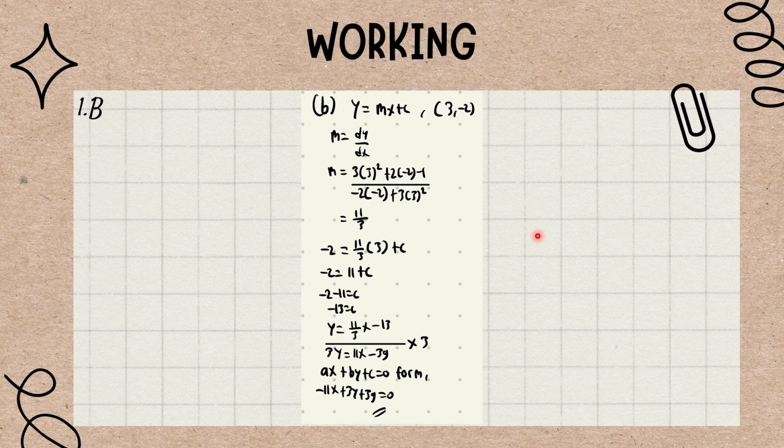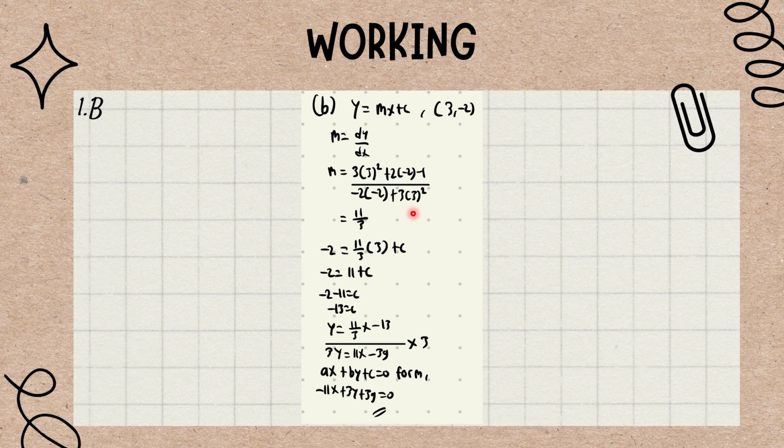So for part 1b, we have to find the tangent equation in the form of ax plus by plus c equals 0. But the basic form is y equals mx plus c, where m is the gradient, and m is equal to dy over dx. So we take the point with x coordinate 3 and y coordinate negative 2.